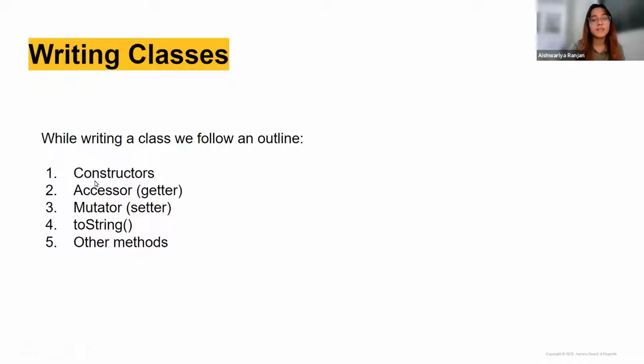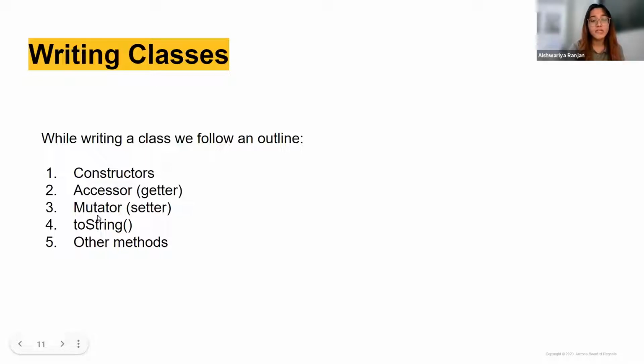The accessor is also known as the getter. This method returns the value of the variables in that class, so you can access the variables of that class through an accessor. And a mutator, which is also called a setter in some cases.